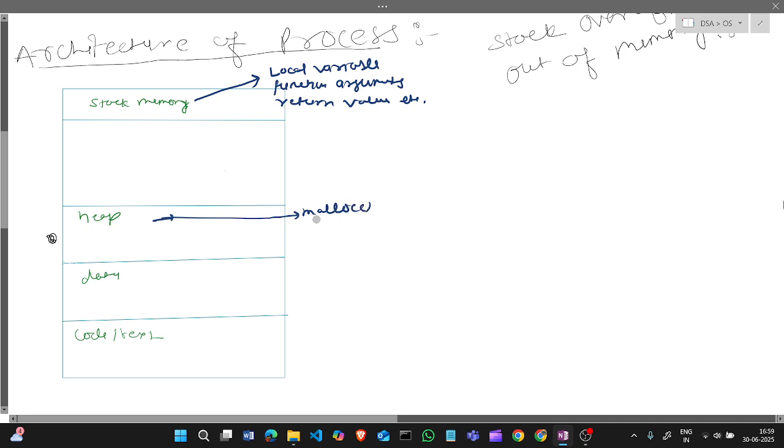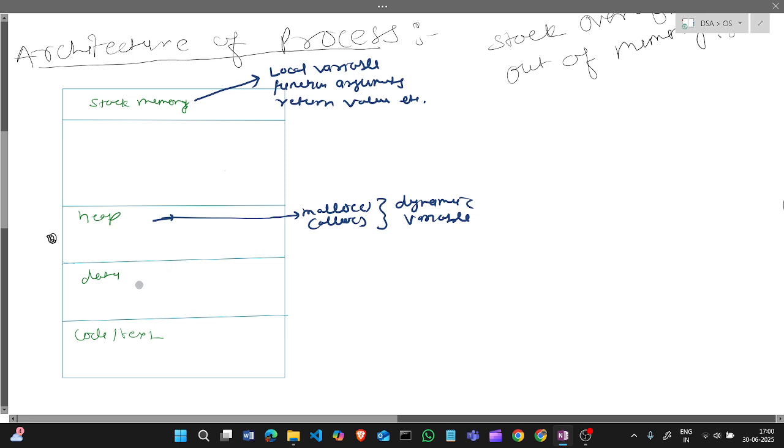Malloc and calloc functions are used, and it stores the dynamic variables created at runtime.